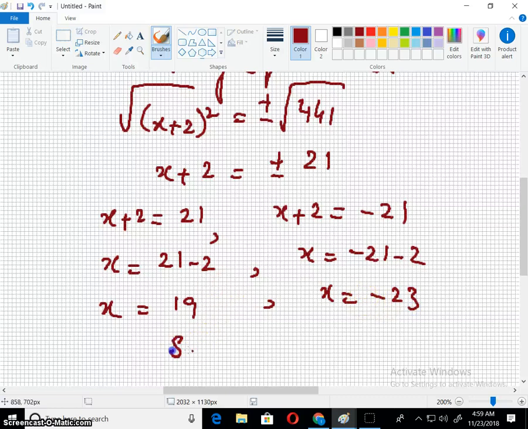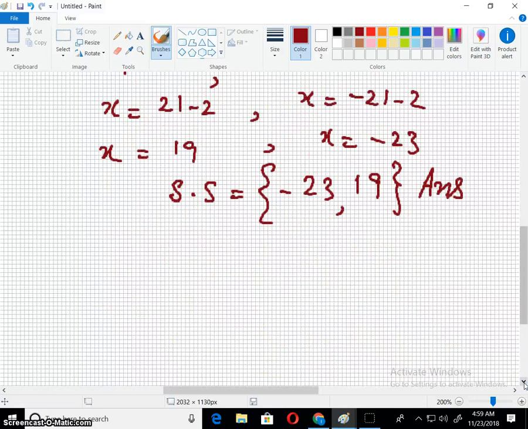So the solution set is -23 and 19. So this was another way of doing the question.